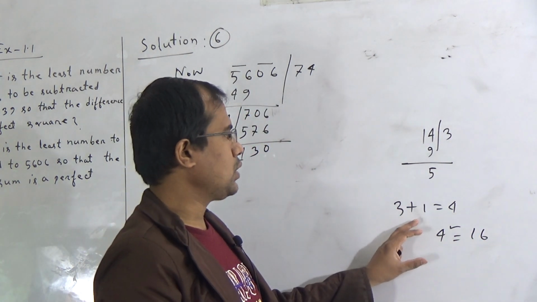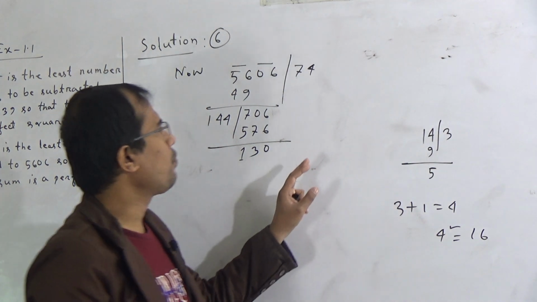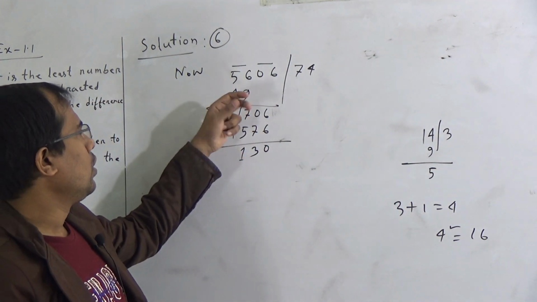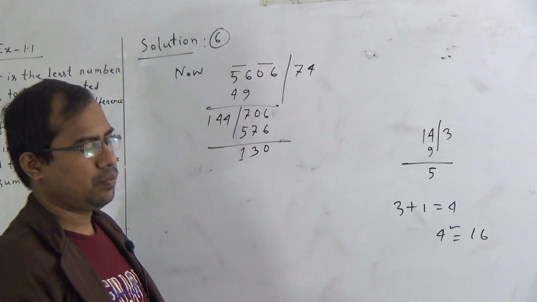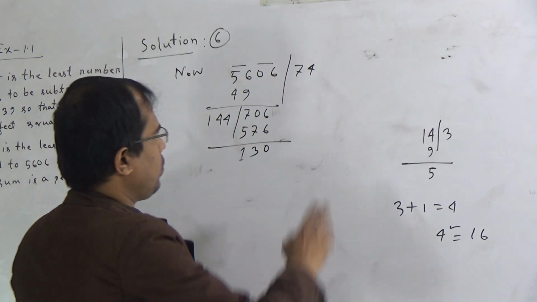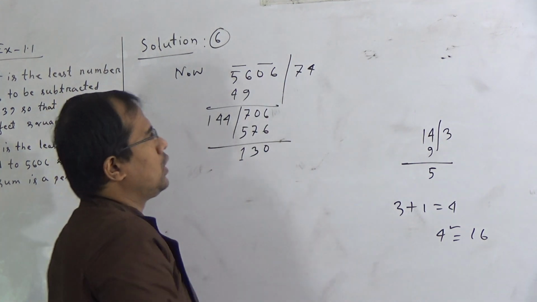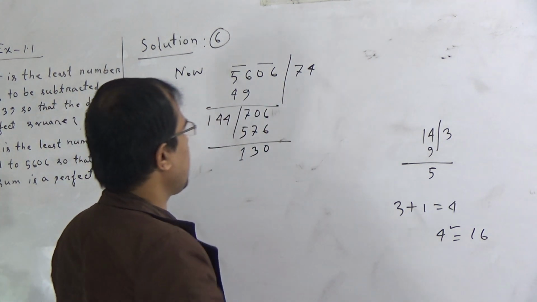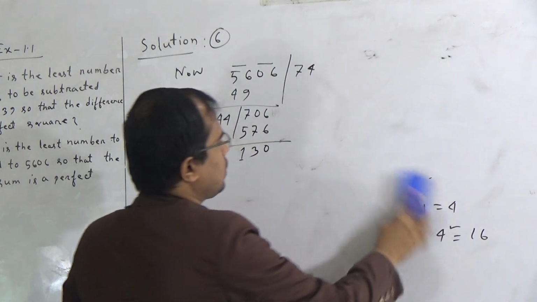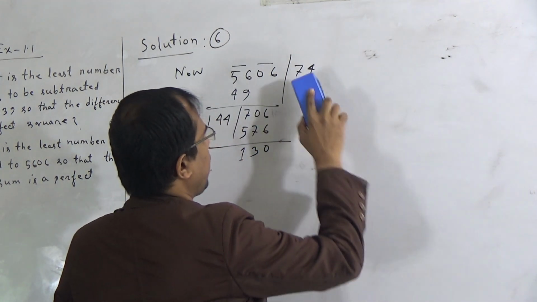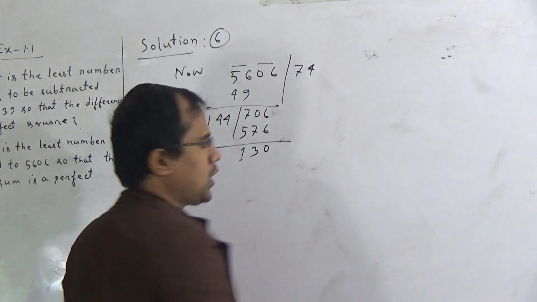And in this process we will find out the perfect square number next to this number. So we have to add 1 with it, then we will find out the square of the number, then we can easily get which is the perfect square number next to 5606.